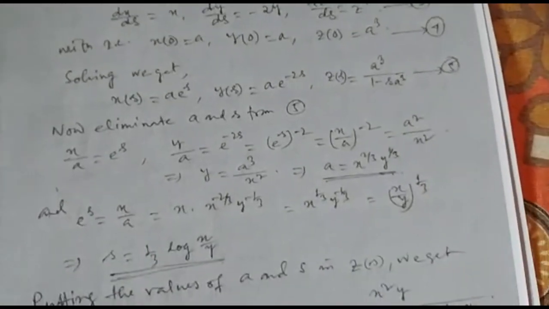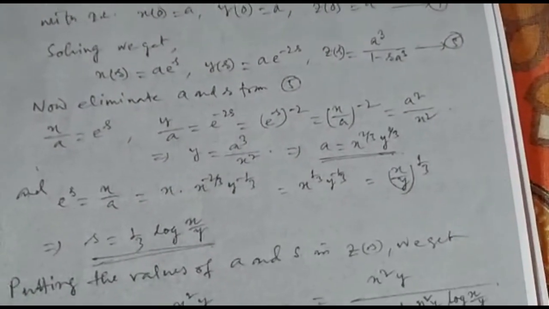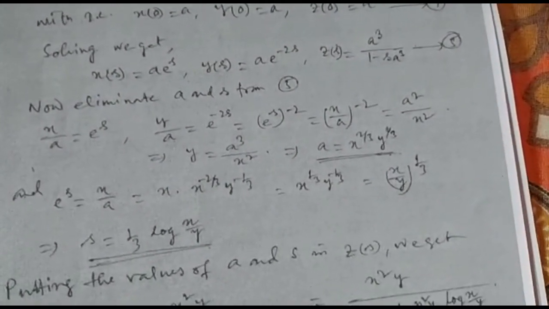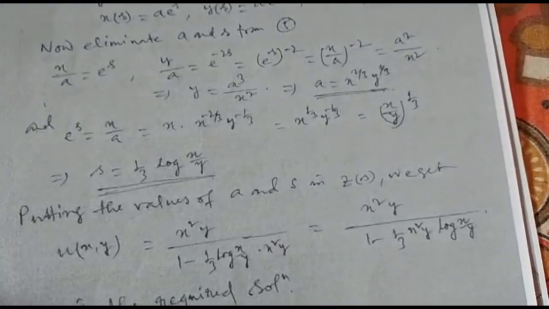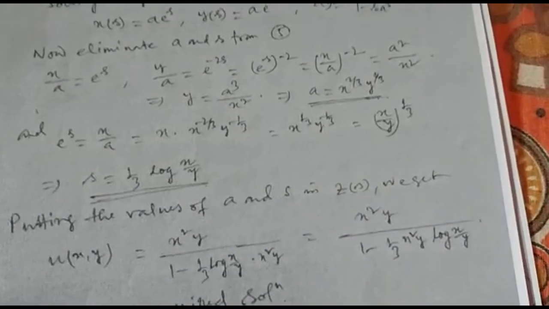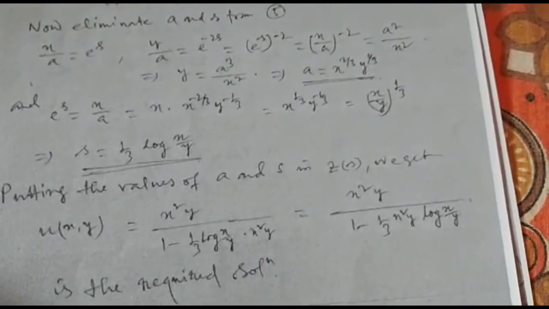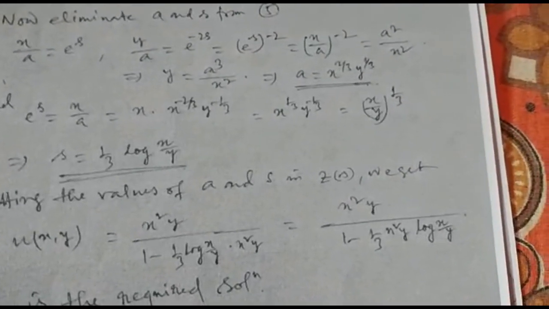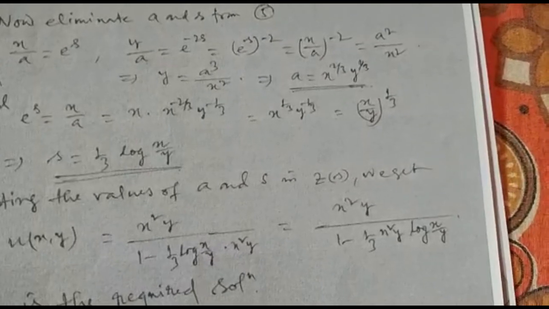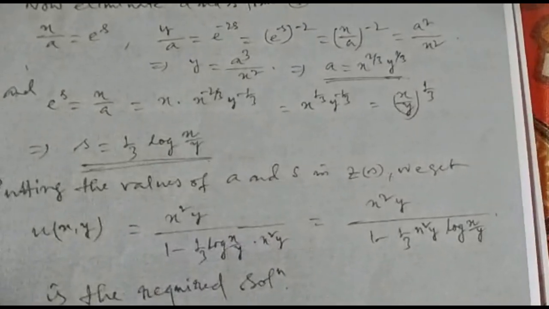Now eliminating a and s from the expressions of x, y and z, we obtain the values of a and s, and putting these values of a and s in the expression of z, we get u(x,y) = x²y/(1 - (1/3) x²y log(x/y)). This is our required solution. Thank you.